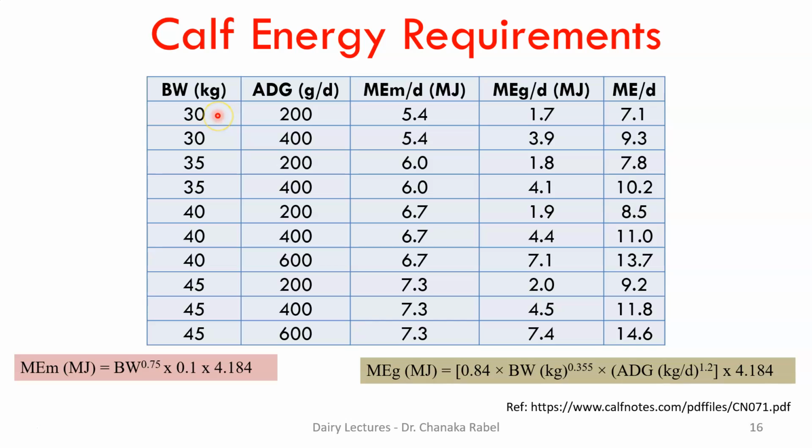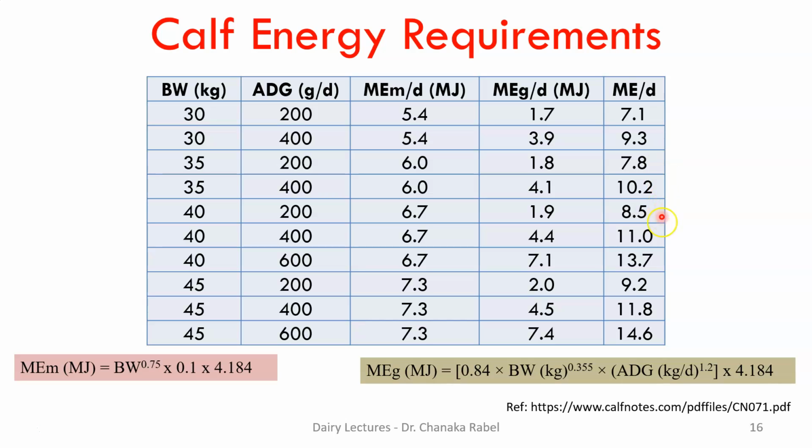But by giving 3 liters, we are ensuring that it gets this, because each liter has 2.5 megajoules, for example. 2.5 times 3 liters is 7.5, so that's enough. But if it's growing at 400 grams per day, now with higher body weight gain, that 7.5 is not enough. Now you have to give calf starter.